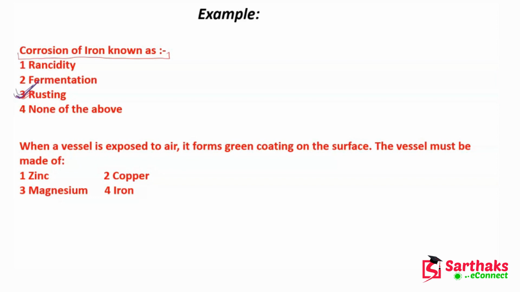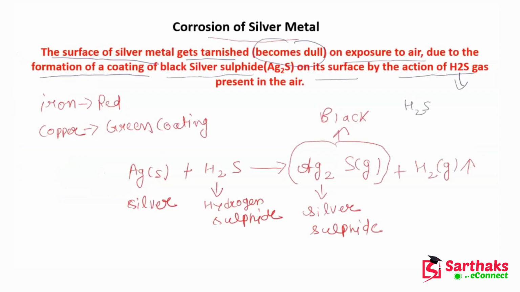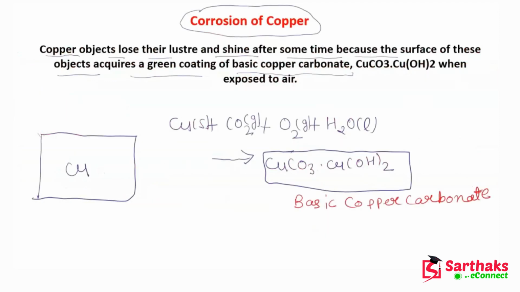Now guys, let's talk about the last question. When a vessel is exposed to air, it forms a green coating on the surface. So the vessel must be made of what? Zinc, copper, magnesium or iron. So guys, when I taught you the corrosion of copper, I told you that when copper gets corroded, it acquires a green coating of basic copper carbonate.